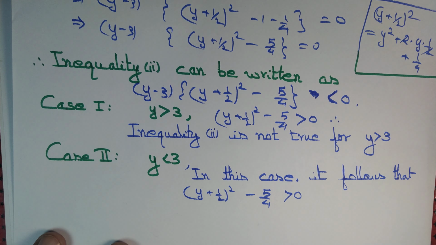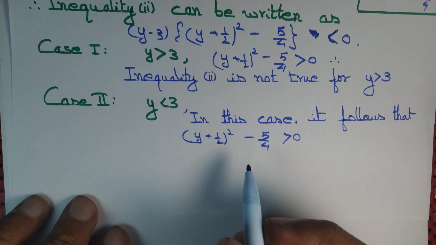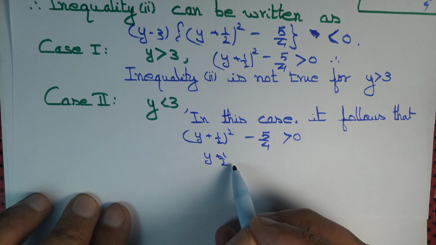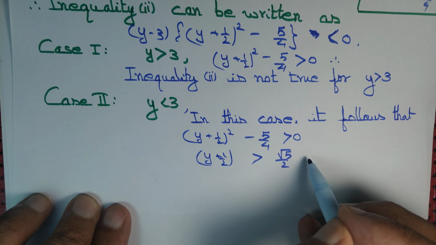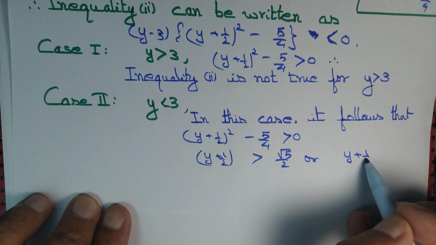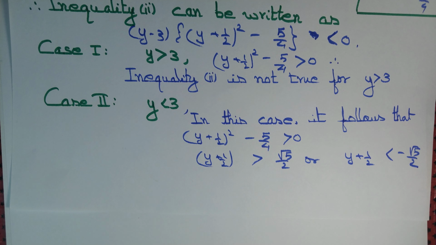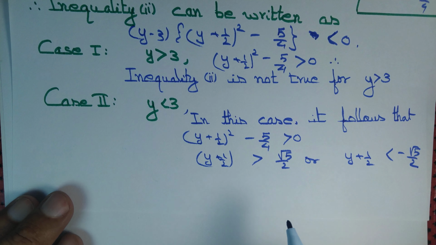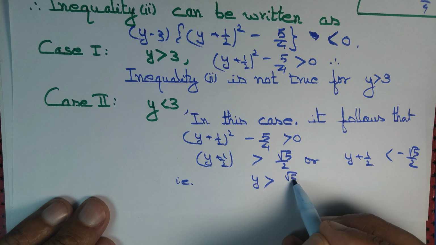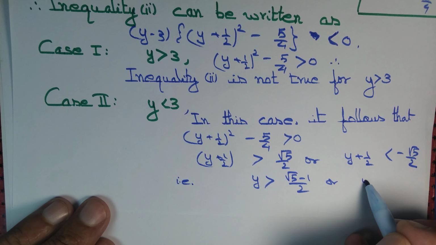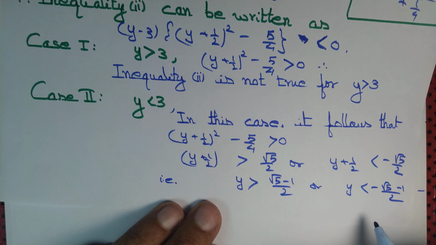So in this case it follows that y plus half whole thing square minus 5 by 4 is greater than 0. So y plus half is either greater than root 5 by 2 or y plus half is less than minus root 5 by 2. Let's take half to the other side, that is either y is greater than root 5 minus 1 by 2 or y is less than minus root 5 minus 1 by 2.